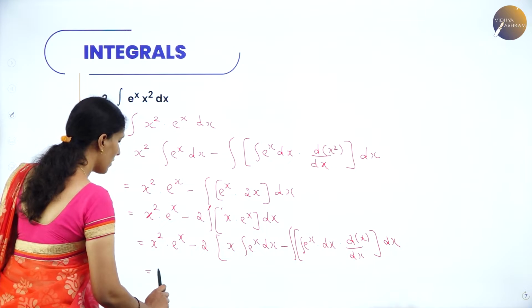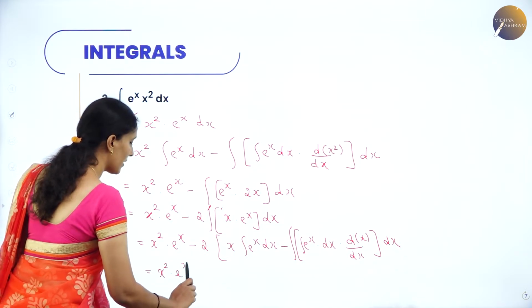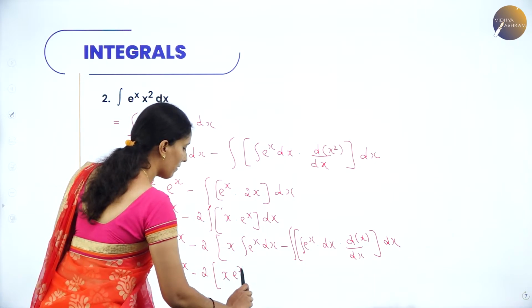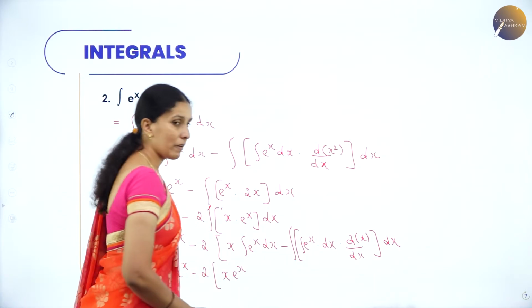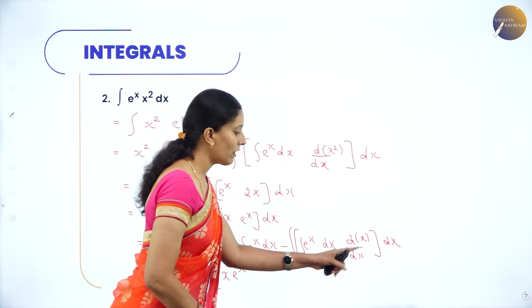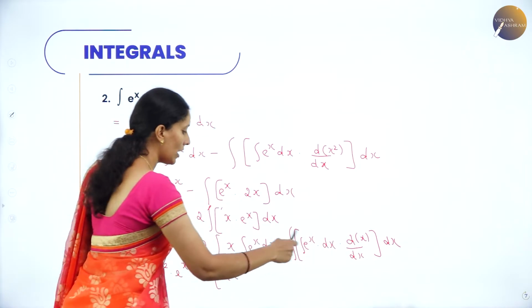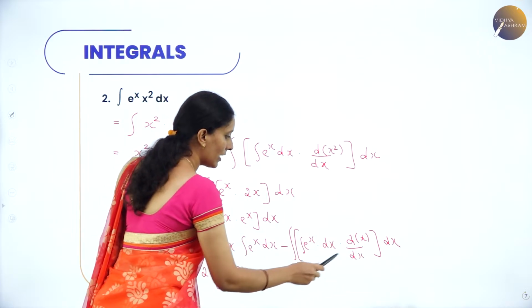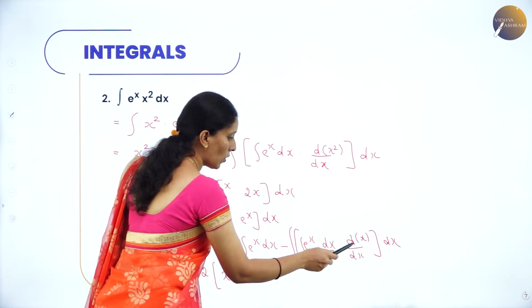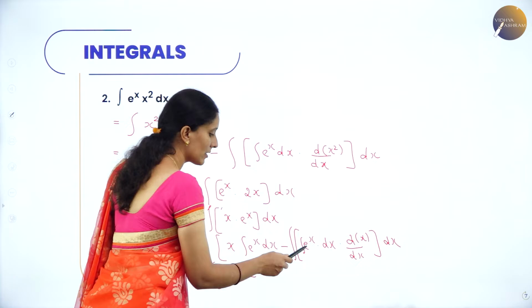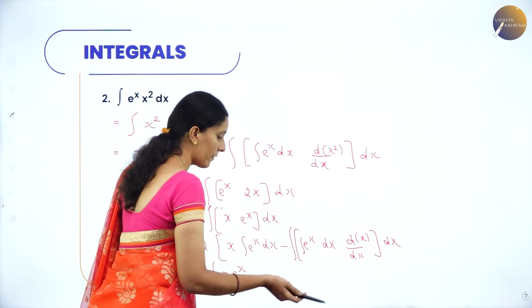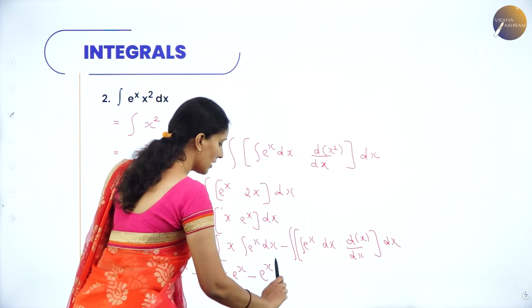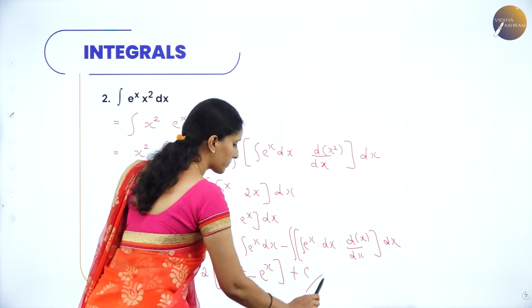So here you have x square e power x minus 2 times x into e power x. Now the integral of e power x is e power x. The derivative of x is 1. Again the integral of e power x becomes e power x only. So the derivative of x is 1, so 1 into e power x is e power x. The integral of e power x is e power x again. So therefore this is e power x plus c.